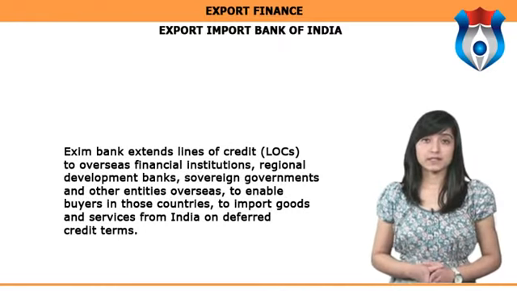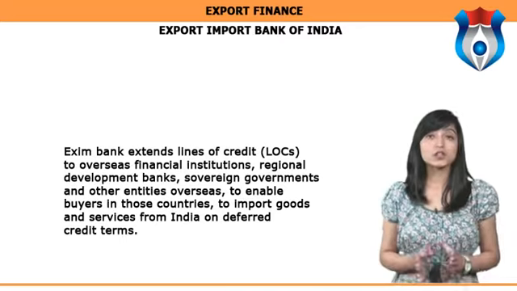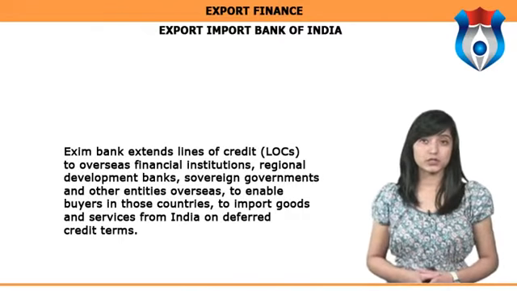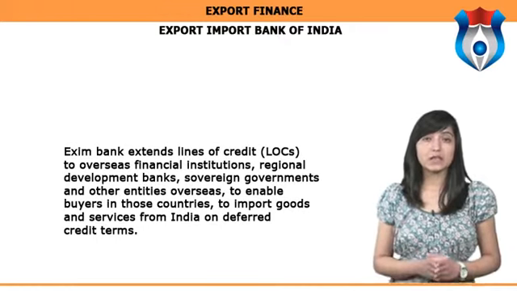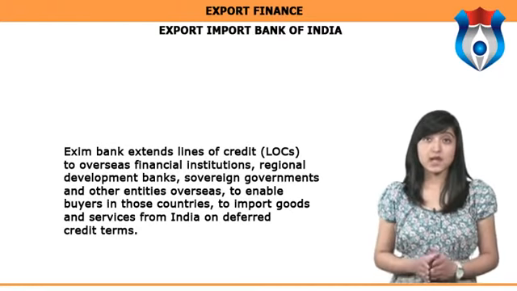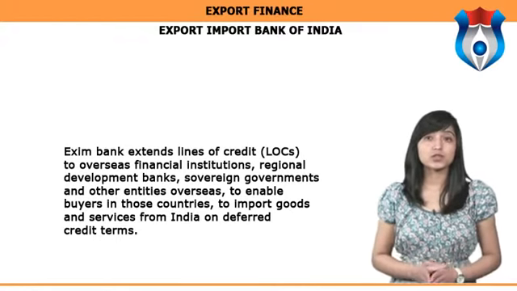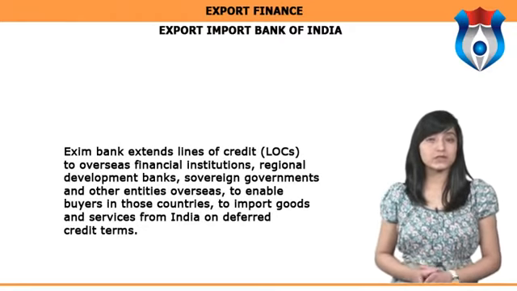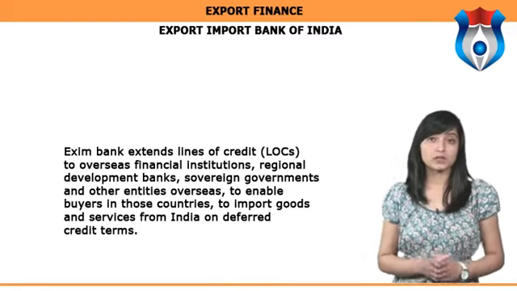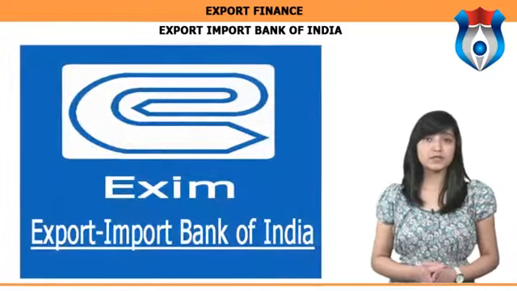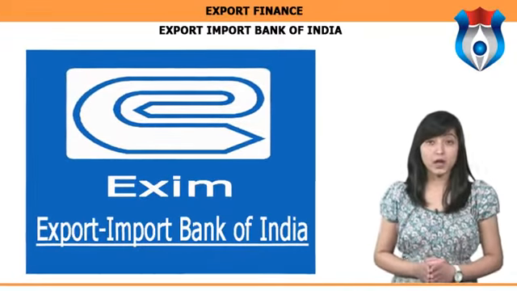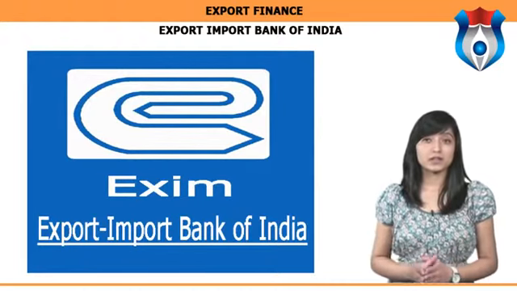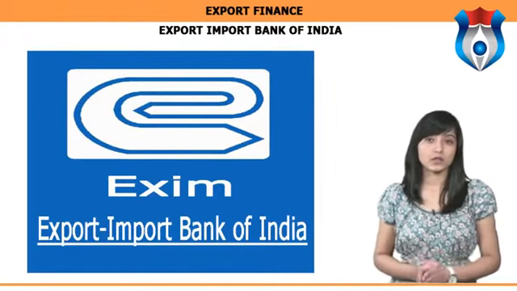Exim Bank extends lines of credit (LOCs) to overseas financial institutions, regional development banks, sovereign governments and other entities overseas to enable buyers in those countries to import goods and services from India on deferred credit terms. The Indian exporters can obtain payment of eligible value from Exim Bank without recourse to them against negotiation of shipping documents.